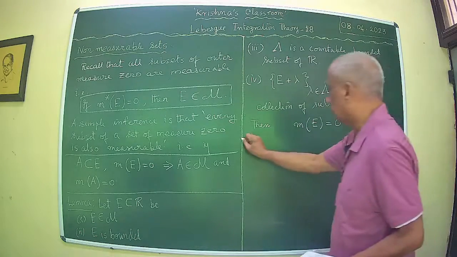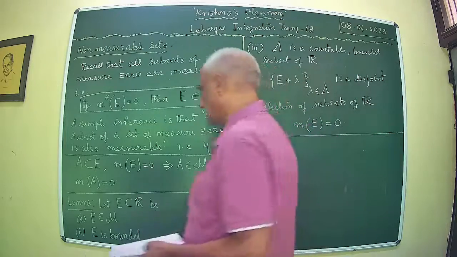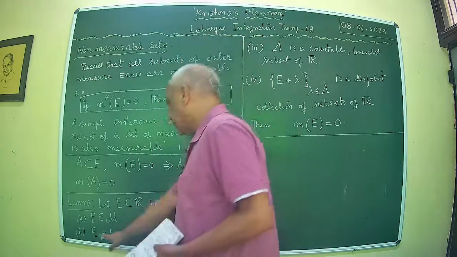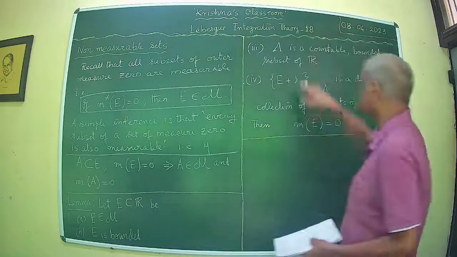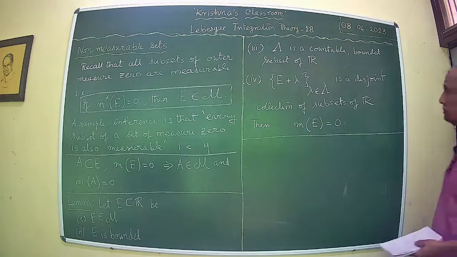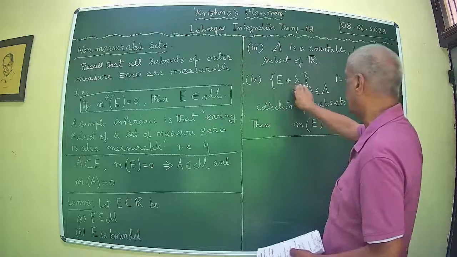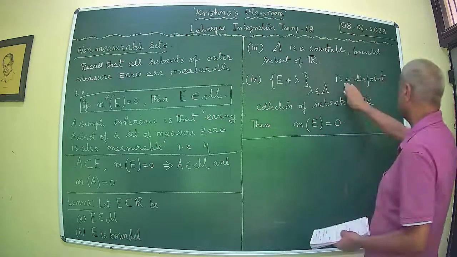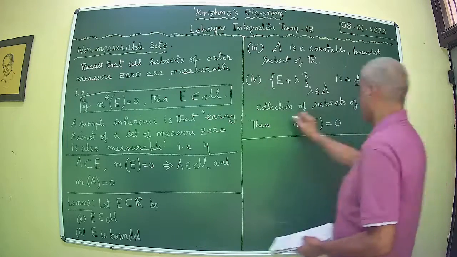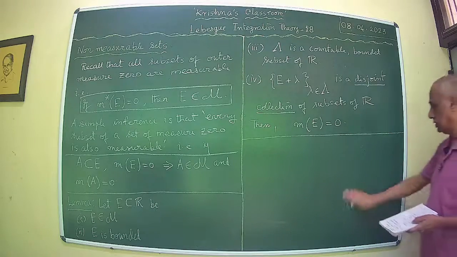So the conditions are: E is a bounded measurable subset of R, lambda is a countable bounded subset of R, and the collection E plus lambda, the translates of E through lambda, is a disjoint collection of subsets of R. Then the measure of the union is finite.